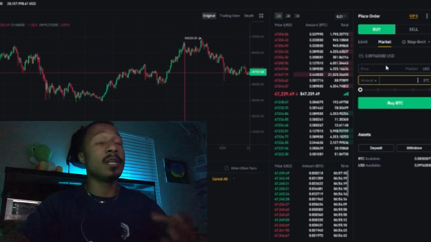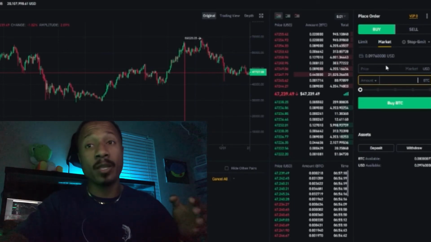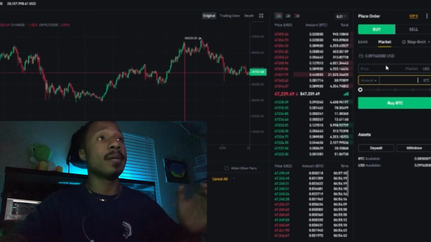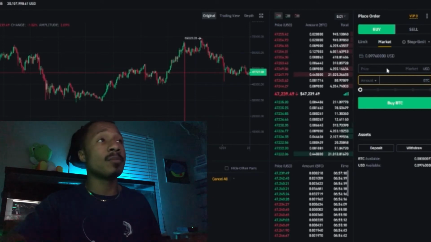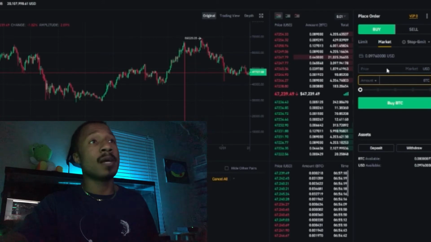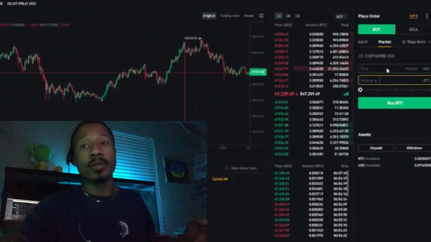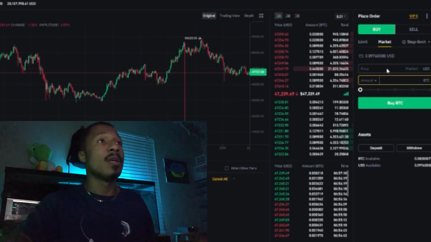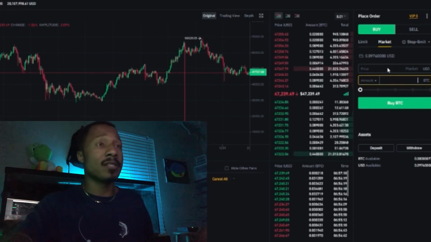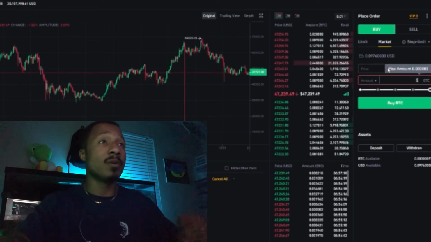But if you're trying to get in on something and it's moving very swiftly, market buys are going to be your best friend, because if you put in a limit buy, sometimes that limit order may not get filled in enough time, and the price will continue moving forward depending on the amount of momentum with the dollar volume that's flowing in.